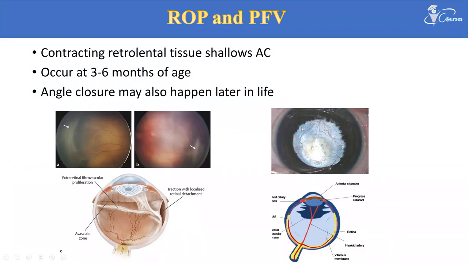You see, very clear. It occurs usually at the age of 3 to 6 months, and angle closure may also happen later in life. The key in those patients again is to prevent peripheral anterior synechiae by intervening for the primary pathology, like retinopathy of prematurity or persistent fetal vasculature, and also by doing synechiolysis in the anterior chamber to prevent synechial closure.